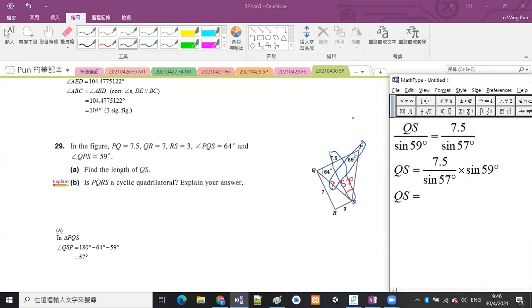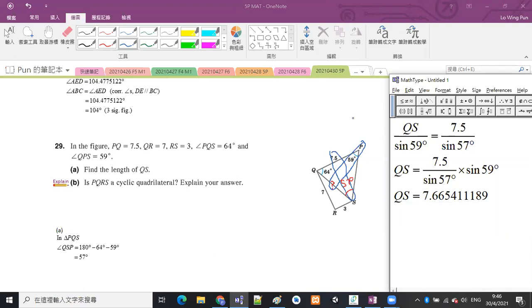So QS will be, on the calculator, 7.66 something: 7.6654111189, no cm this time.